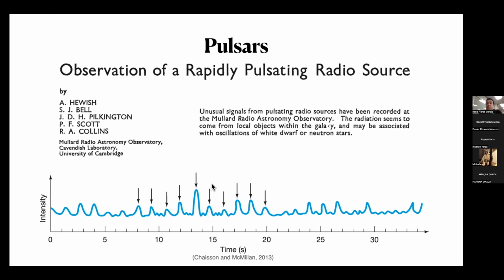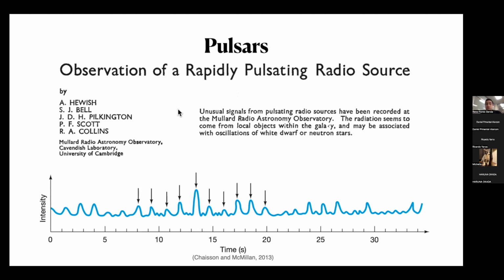It was not until some time later, this is the original paper in which it was published, that it was found that it was not aliens. It was actually a neutron star whose axis of radiation was aligned to that of Earth, and she was able to detect it as a radio source. So actually, pulsar is short for pulsating radio source.